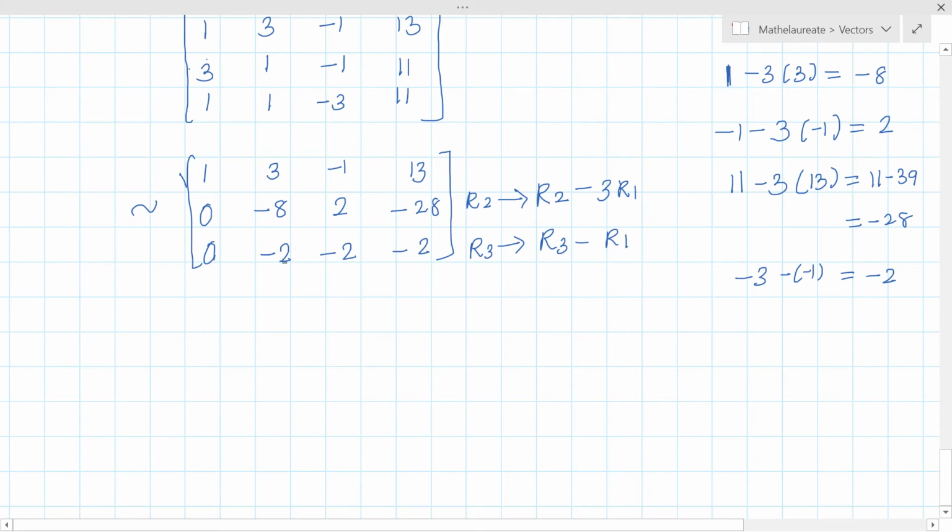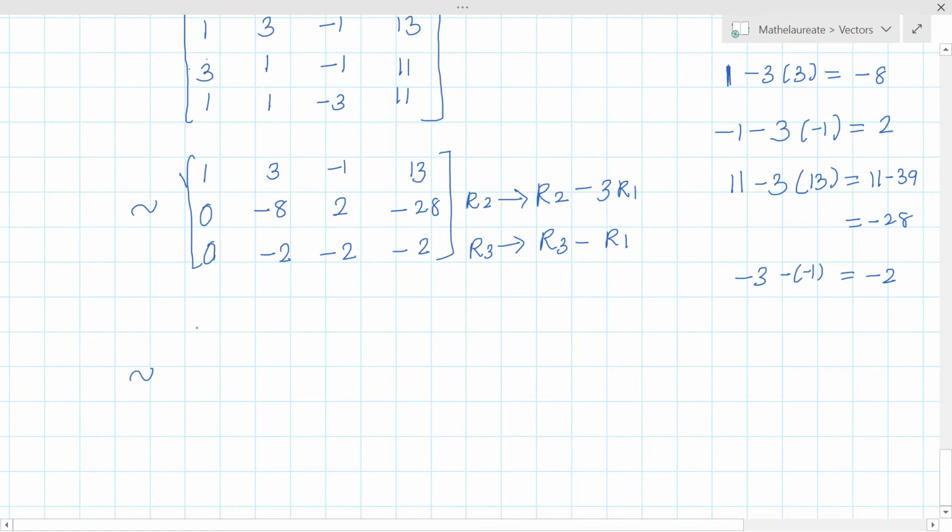Okay, so what we can do, here we have negative 2 and here you have negative 8. So you can multiply by 4 and make... right?